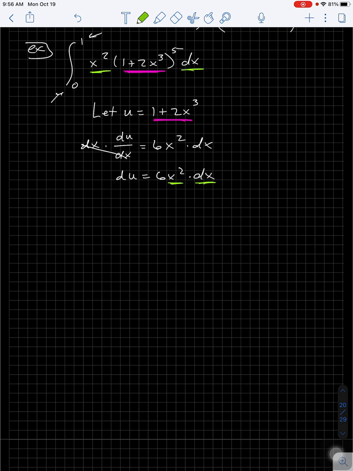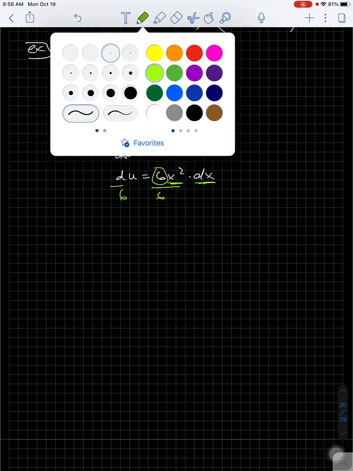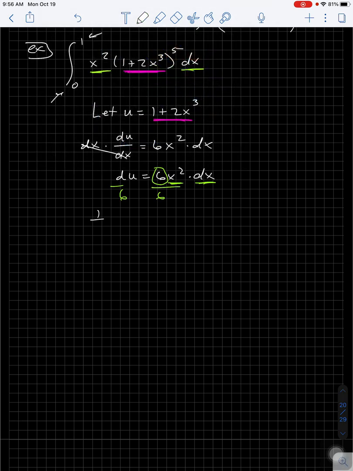But I don't have a 6 in my original problem, so I actually need to get this out of here. And you can do that, that's legal. The way you do it is you divide by 6 or multiply by 1/6, however you feel comfortable doing that math, okay? The numbers can be on any side. So this ends up being 1/6 du, and now I've got x squared dx.